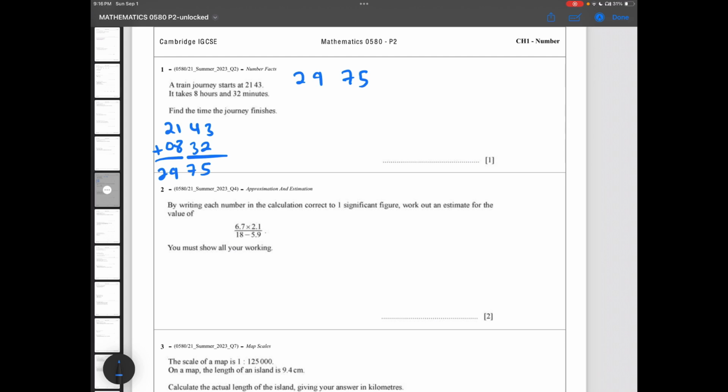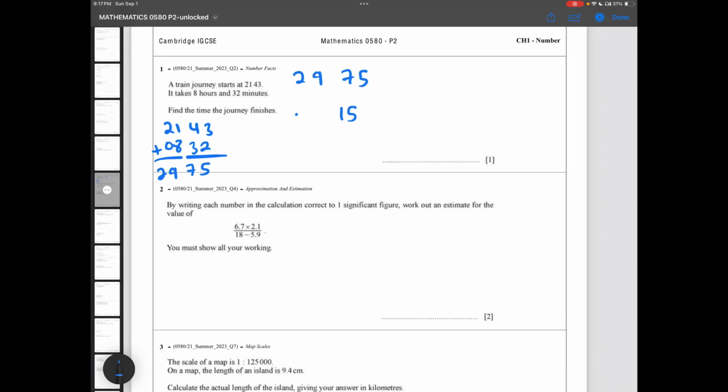So whenever you get the minutes above 60, all you need to do is subtract 60 from it. So if I'm subtracting 60 minutes from 75, I will get 15 minutes, and I will have to give this 60 minutes to my hours. The hours were 29. When 60 minutes are given to it, 60 minutes mean 1 hour. So 29 becomes 30. So now we have one more problem over here, which is we know that in a day there are 24 hours.